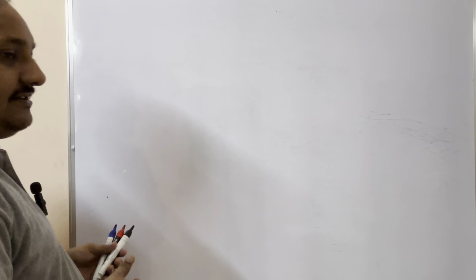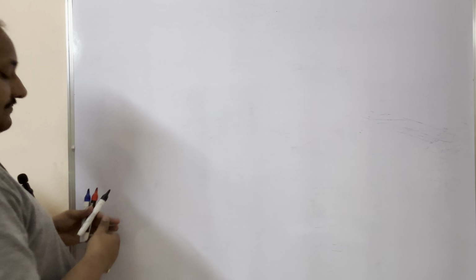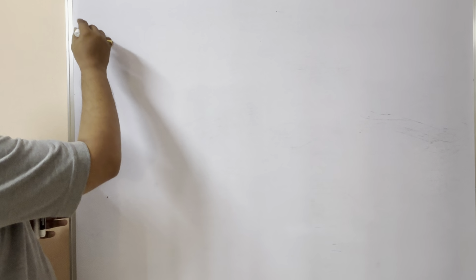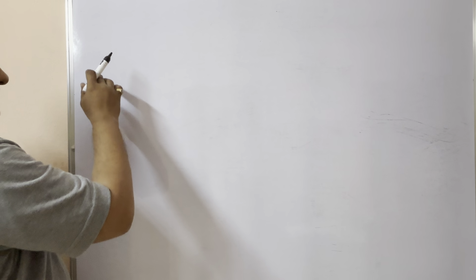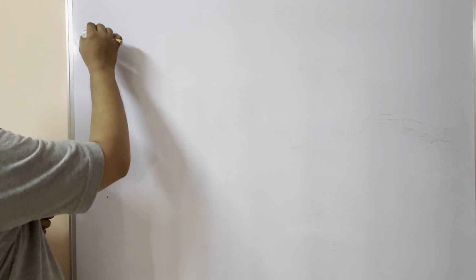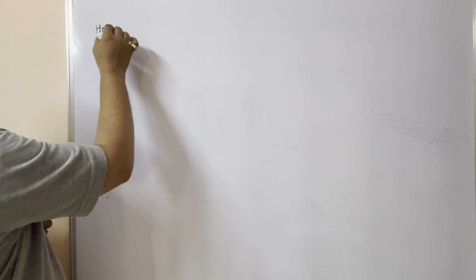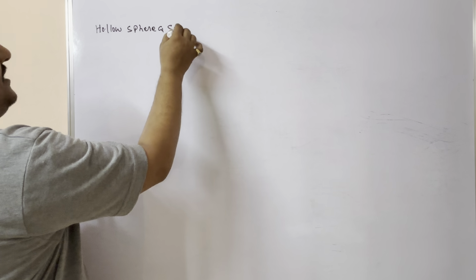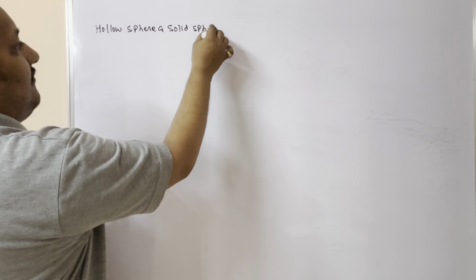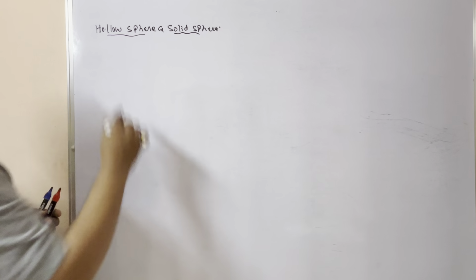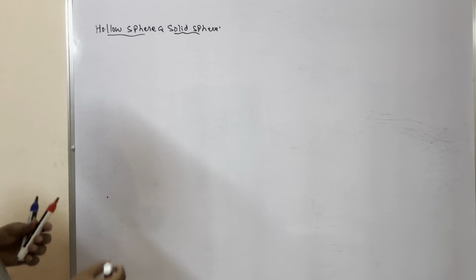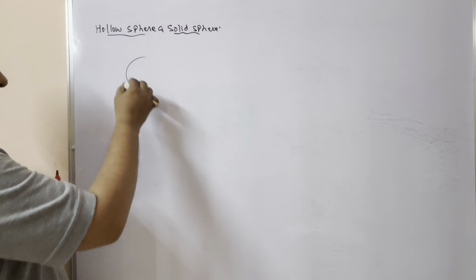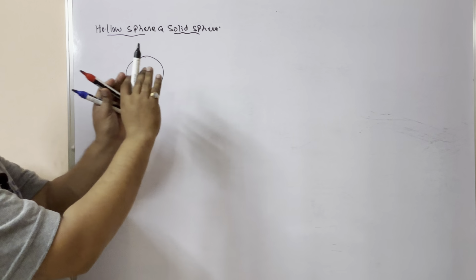So, we were discussing moment of inertia of ring and disc, completed. Now, we will see hollow sphere and solid sphere. It will be visible like a ring here, but the sphere is going to be different.